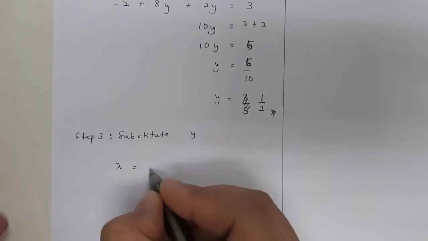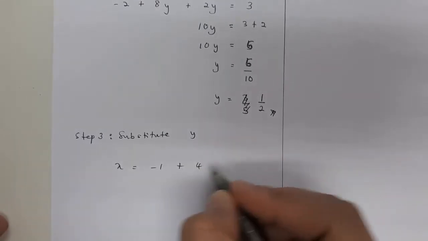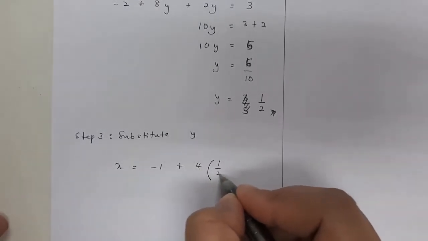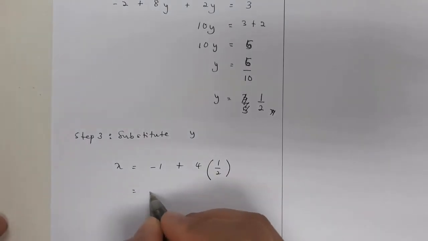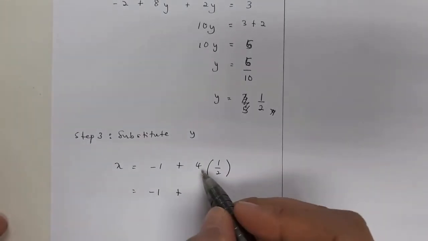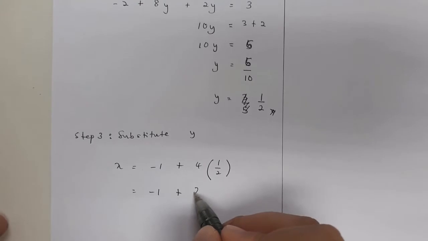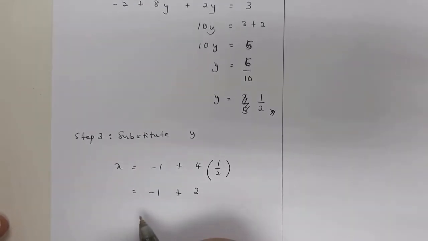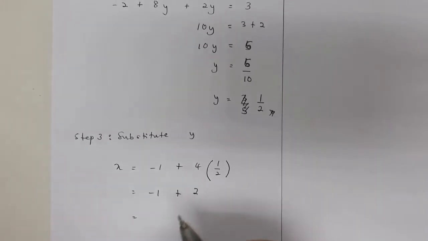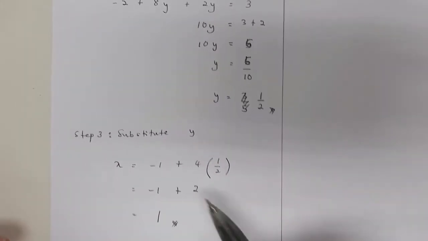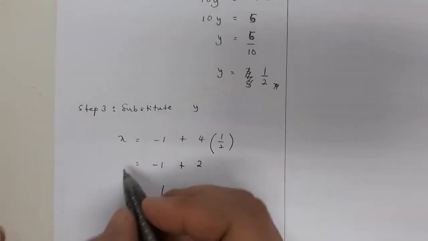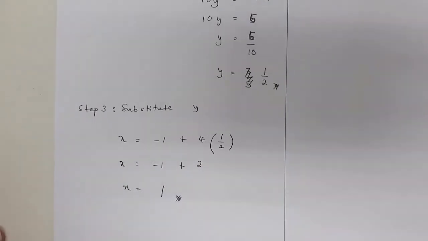So x equal negative 1 plus 4 multiplied by 1 over 2. 4 multiplied by 1 over 2 is 2. So 2 minus 1 equal 1. So from the third step, we get the value for x.